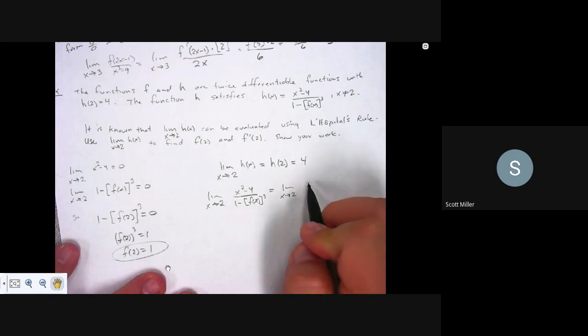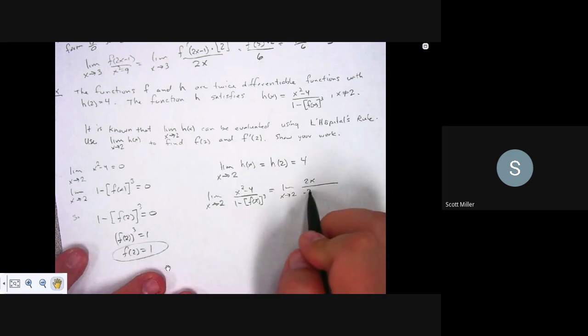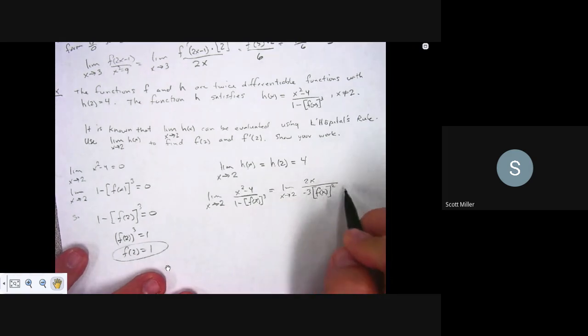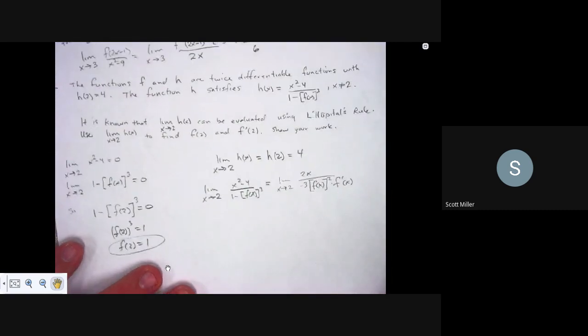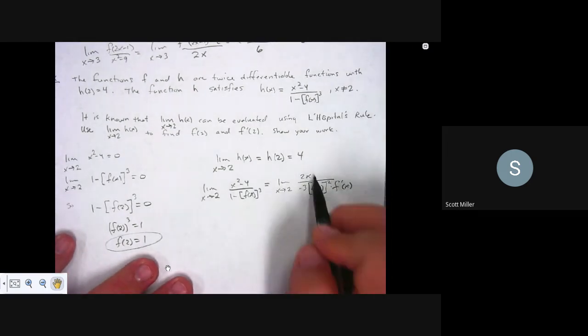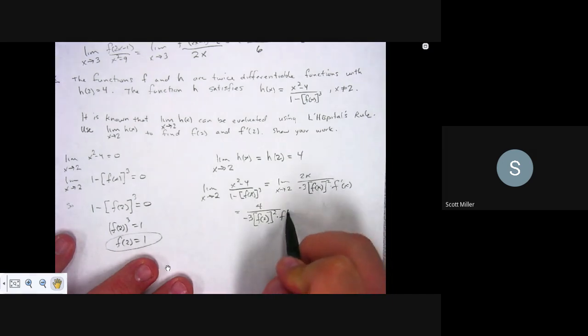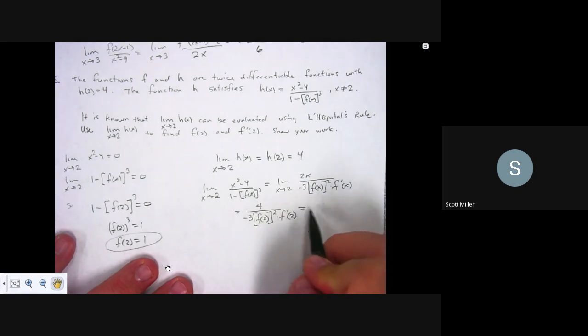As x goes to 2, this is going to be a 2x over negative 3 f of x, lower the power by 1, times the derivative of the inside, which is f prime of x. That was L'Hopital's rule. And if I can plug in 2 now, I get 4 on top, negative 3 times f of 2 squared times f prime of 2, and that has to equal 4.